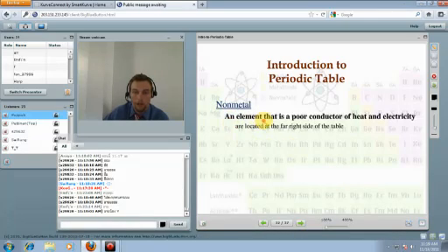Non-metal, an element that is a poor conductor of heat and electricity. So say we have a stove, it's got the flames, that's flames, in case anyone, I'm an artist, by the way, that's my profession. And then we've got a substance we want to make hot up here.